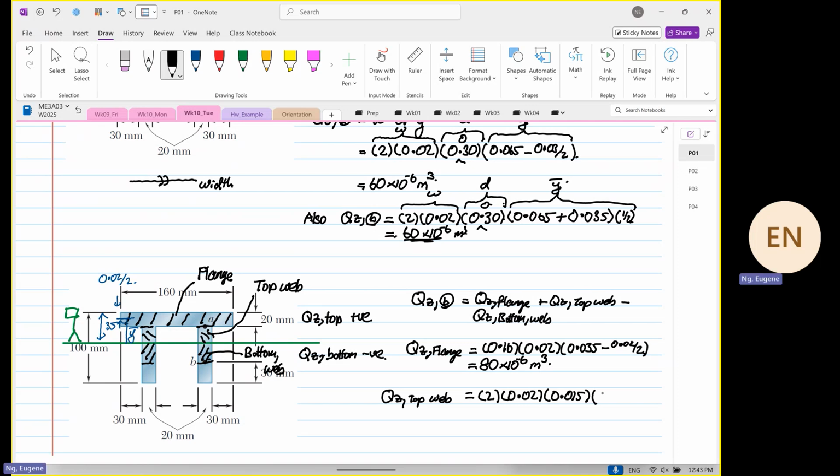And the Y bar will be equal to 0.015 divided by 2. Why that's the case? Because the distance from here to here is 15 millimeters. So the outcome from this is 0.015 divided by 2 times 0.02 times 2. You get 4.5 times 10 to the power minus 6. Okay, so 4.5.